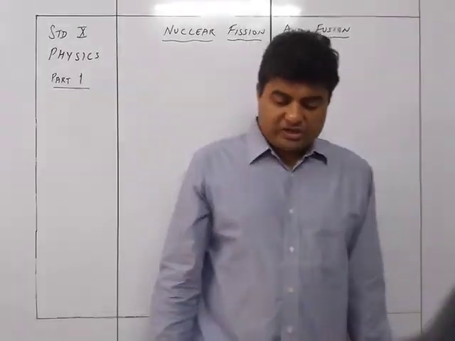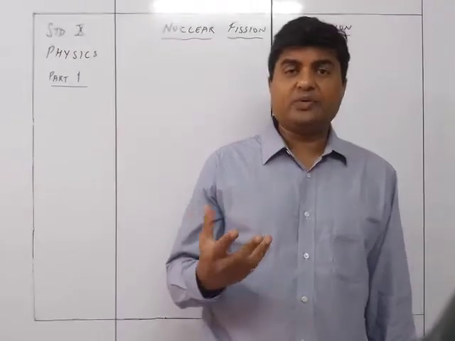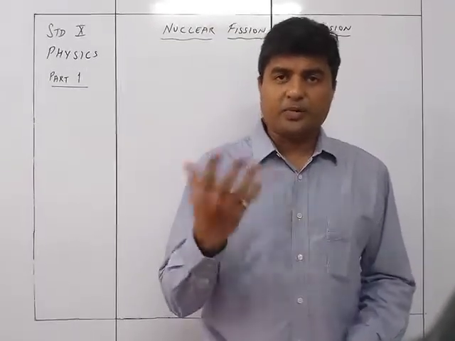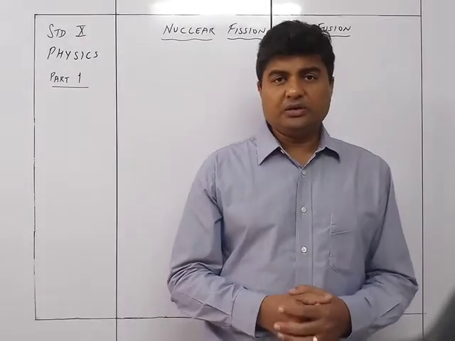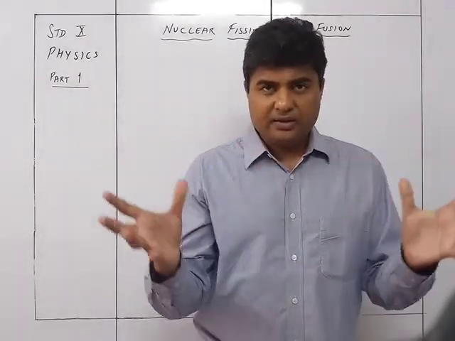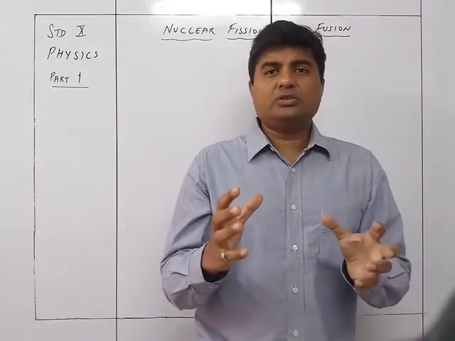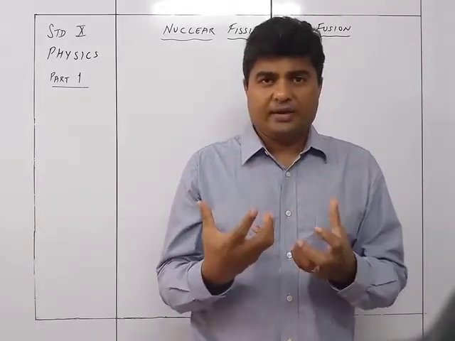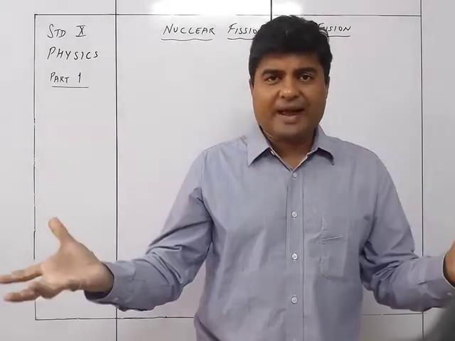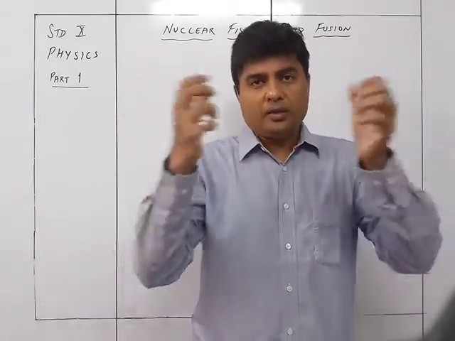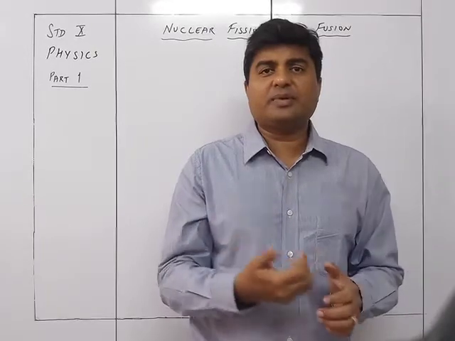So nuclear energy, first of all let's understand what is nuclear energy and then we'll talk about fission and fusion. Fission is basically splitting, fusion is fusing, that is combining. So the nuclear energy we are going to get when we are splitting the atoms or when we are connecting the atoms is nothing but the nuclear energy.